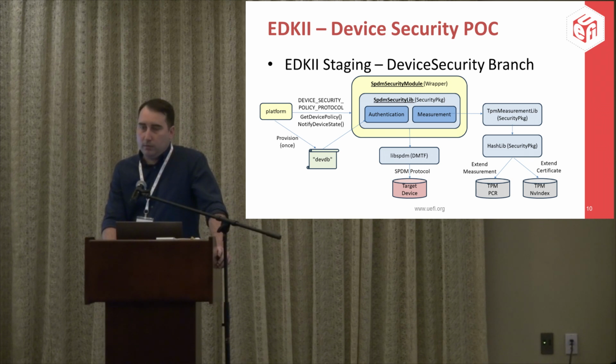SPDM can, and I'll talk about this whenever we walk through the Surface example, provide code measurements, data measurements, also root or certificate chains. And those may go to different PCRs. If it's something like a code blob SPDM measurement, it's going to go to PCR2 likely. Configuration will go to PCR3, and the certificate chain may, because it's security policy related, go to PCR7.